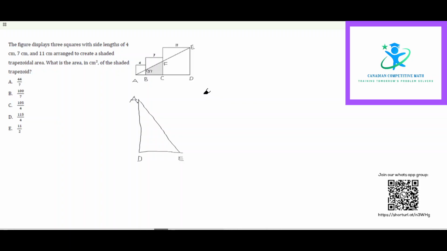And let us draw the other smaller triangle, which is a little bit smaller, not as big as this. Okay, let me redraw it.